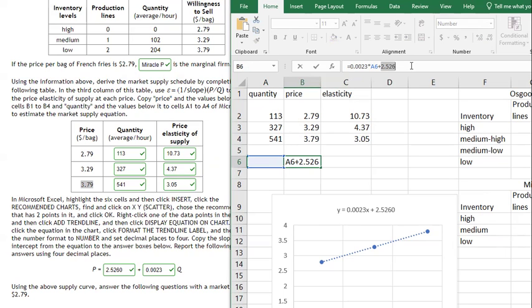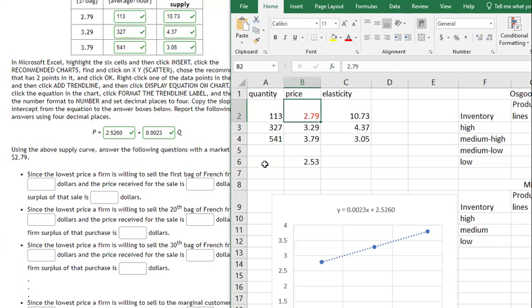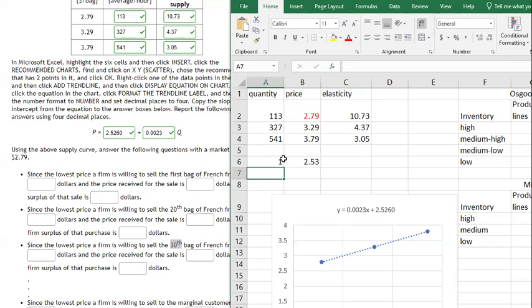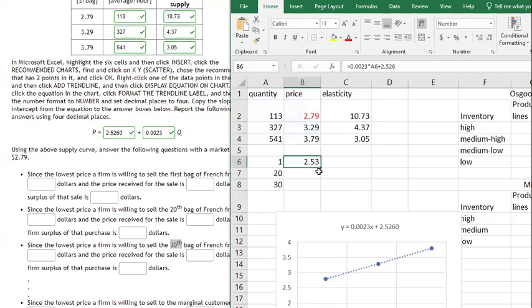That's the equation I copied from the graph. And I need to calculate the firm surplus that corresponds to the first bag of French fries, the 20th bag, and the 30th bag of French fries that are produced, right? So I need this to be 1, this to be 20, and this to be 30, right? And then all I've got to do is drag this down.